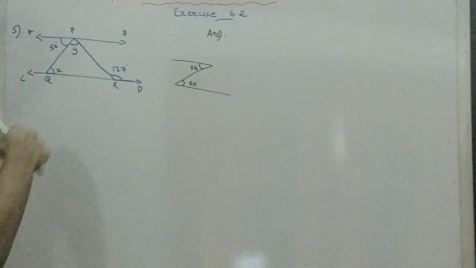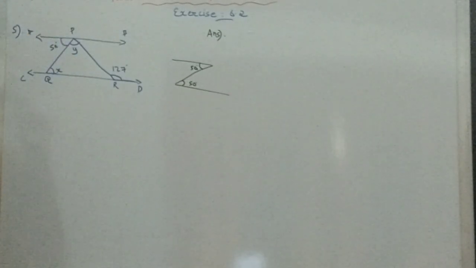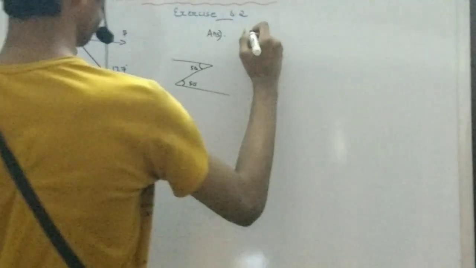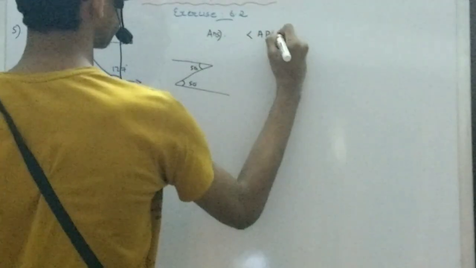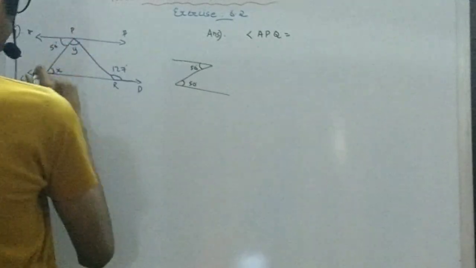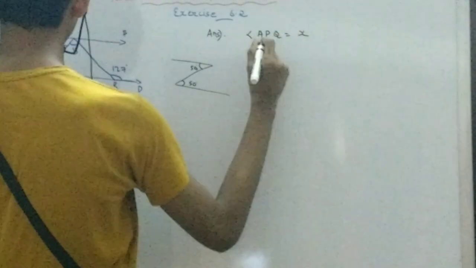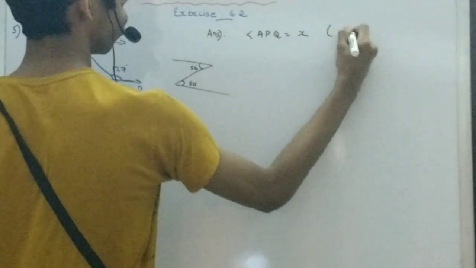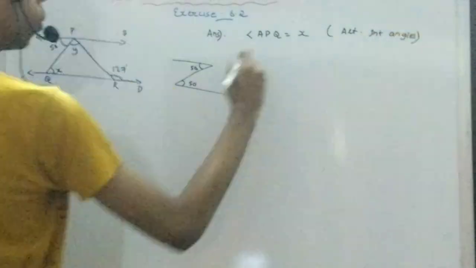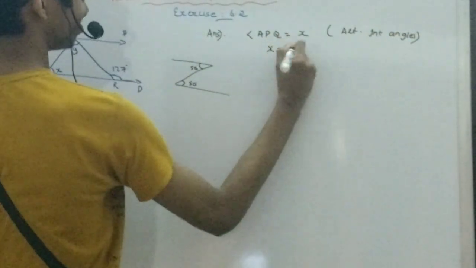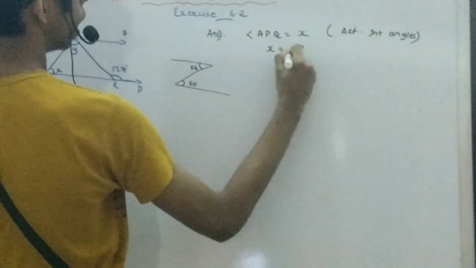So always check if a Z-like shape is being formed somewhere. So from here you can write angle APQ is equal to x. Why? Because they are alternate interior angles. We will be getting x is equal to 50 degrees.